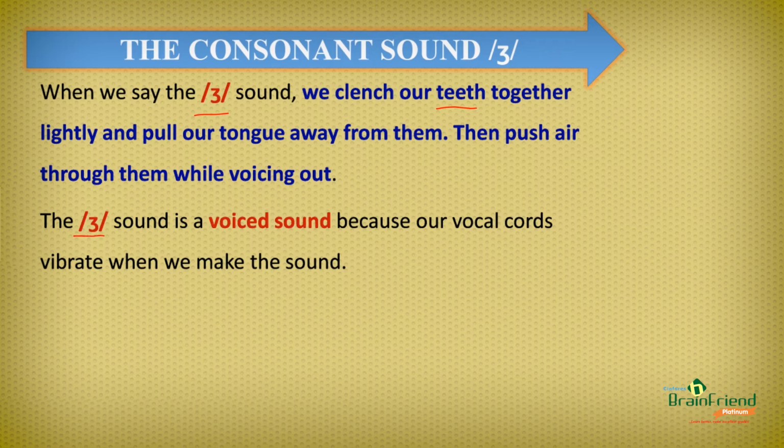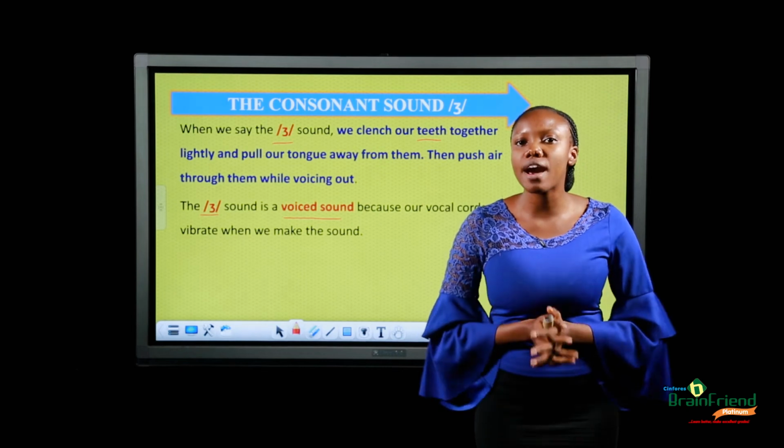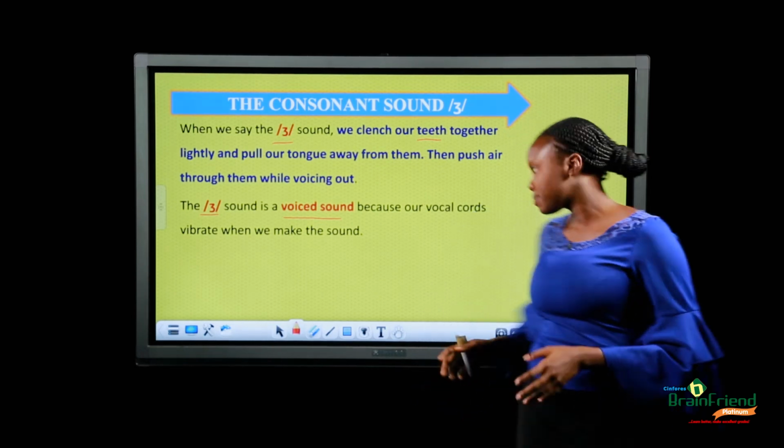The /ʒ/ sound is a voiced sound because we said a voiced sound is a sound produced with a vibration in our voice box. Now let's take a look at how this consonant sound is spelled in words.